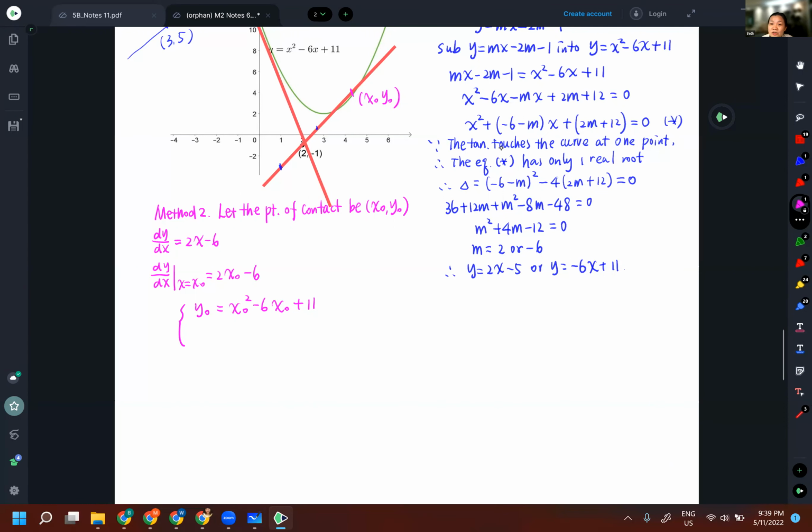The second equation is very hidden. The second equation has to be set up through slope equals slope. So watch out. The slope of the tangent is equal to 2x0 minus 6.